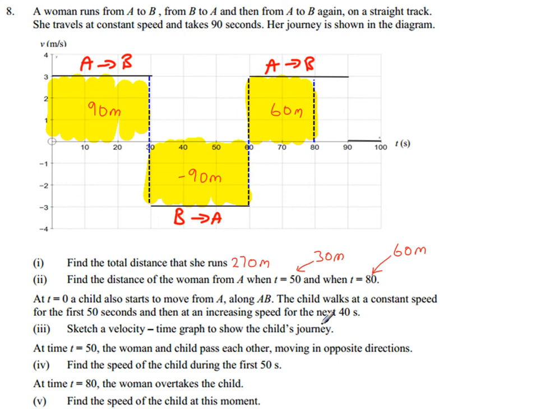At t equals 80, the woman has covered 60 meters, so that 60 meters is the displacement measured from A, not the total distance travelled.